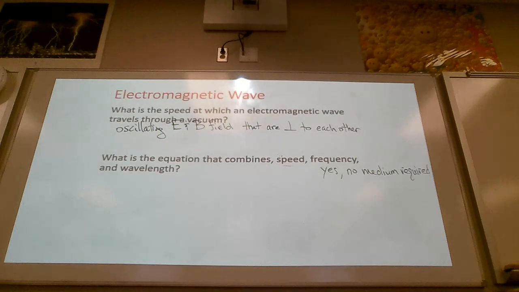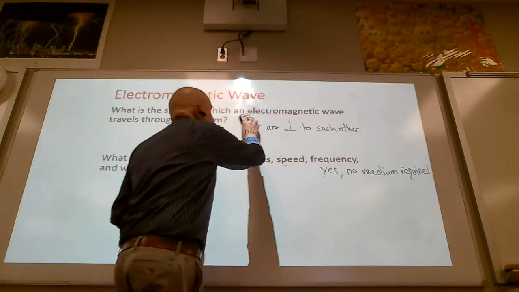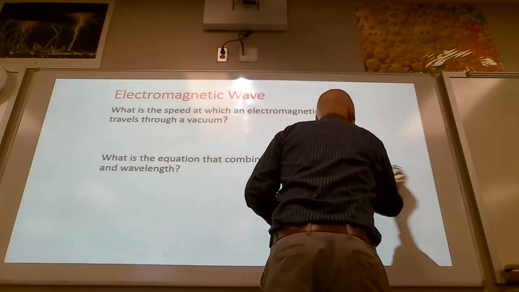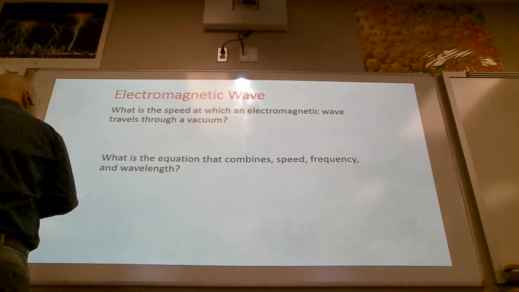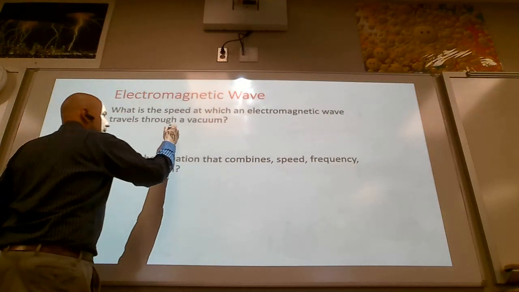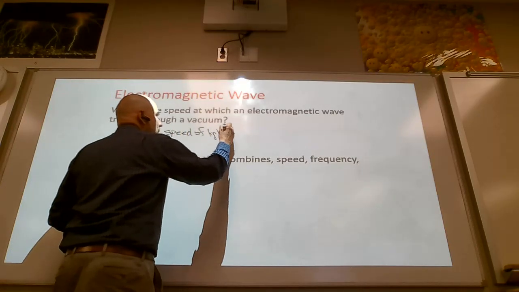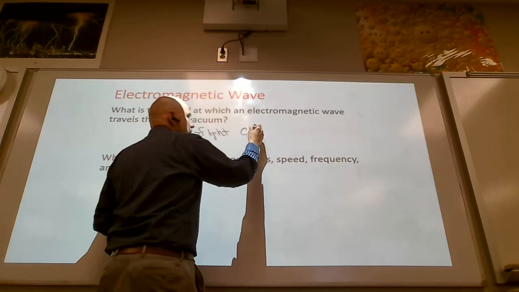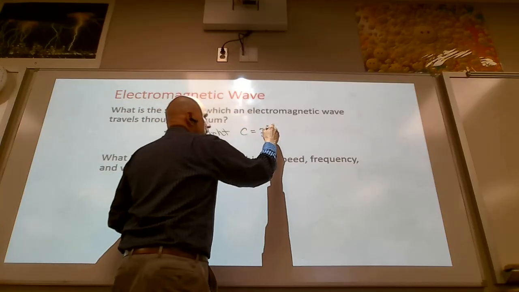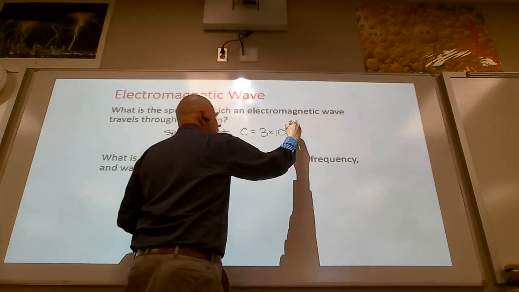Okay. All right. What's the speed at which electromagnetic waves travel? Speed of light. Okay. It has its own little variable, lowercase c, 3 times 10 to the 8th meters a second.